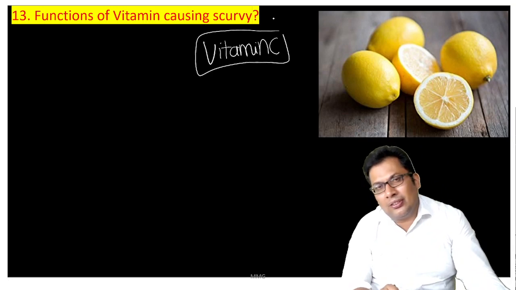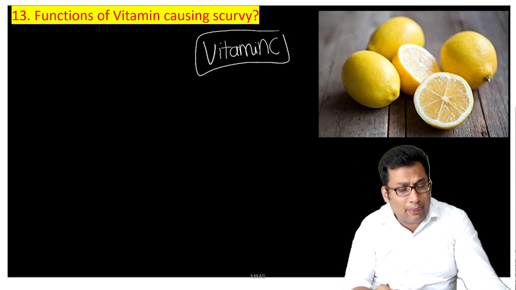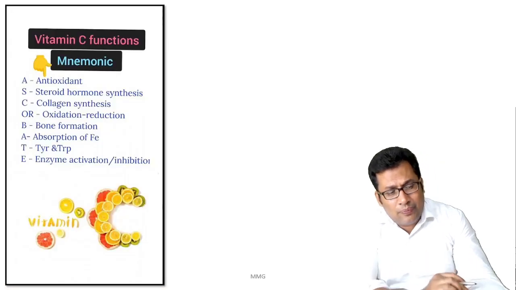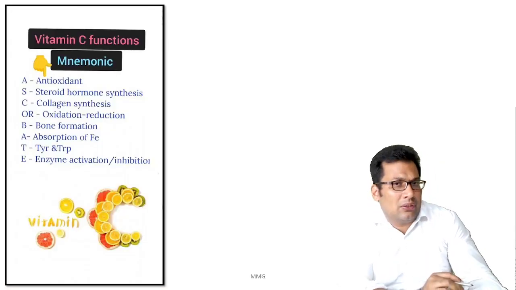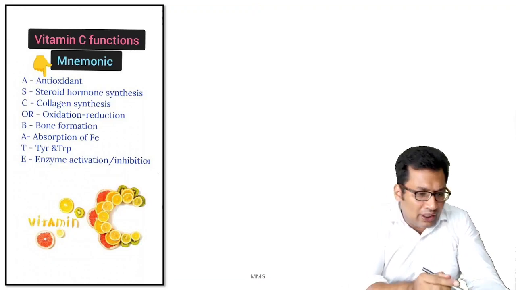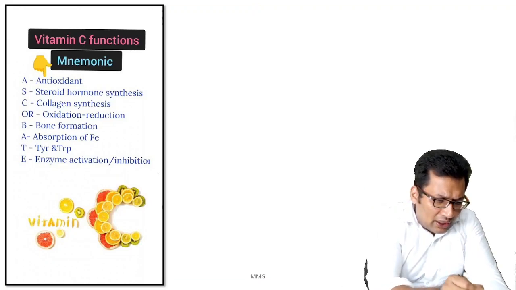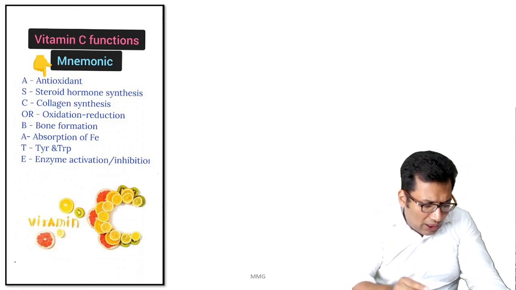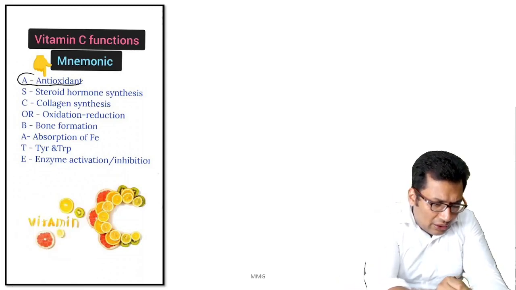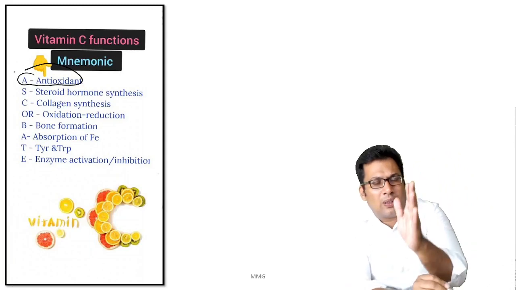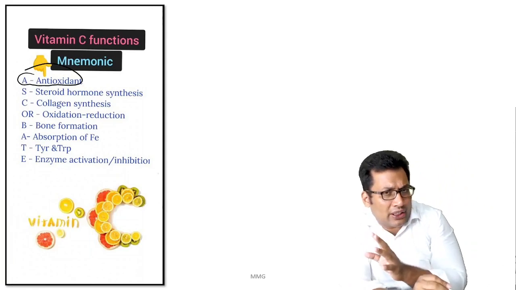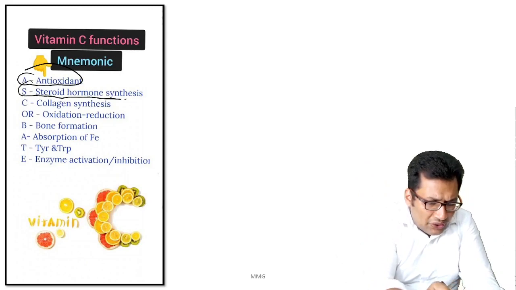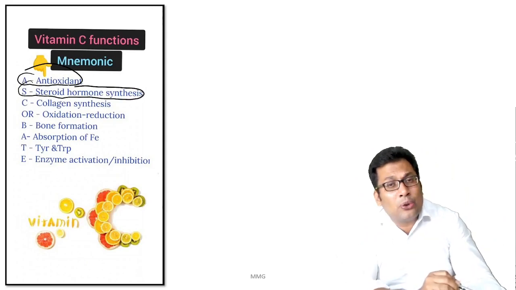Very simple: collagen synthesis. Yes, there are many functions. You can remember the mnemonic ASCORBATE. What is A for? A for antioxidant. Vitamin C is a well-known antioxidant. S for steroid hormone synthesis.